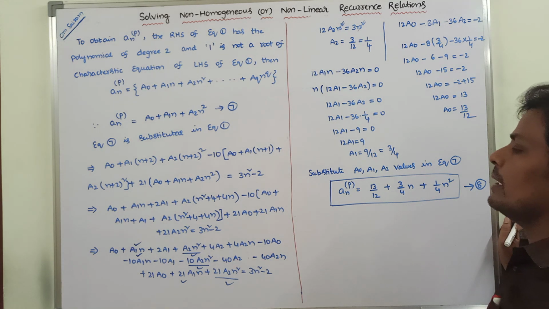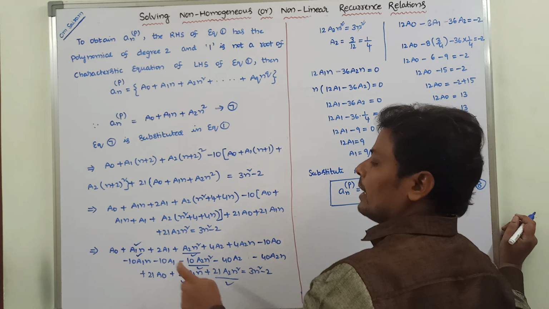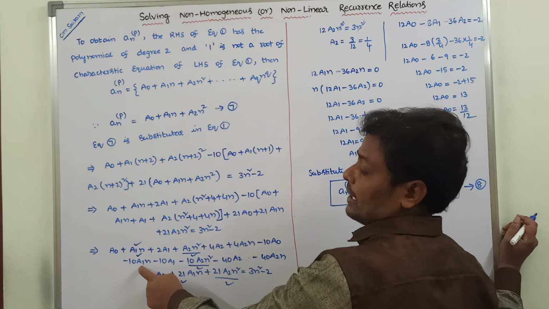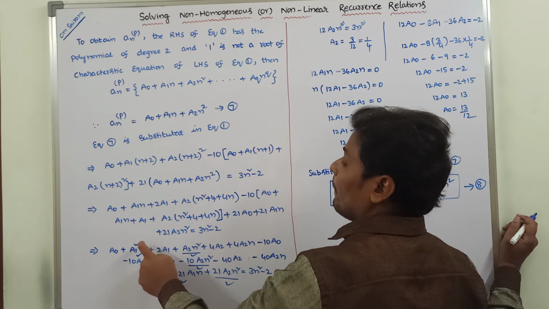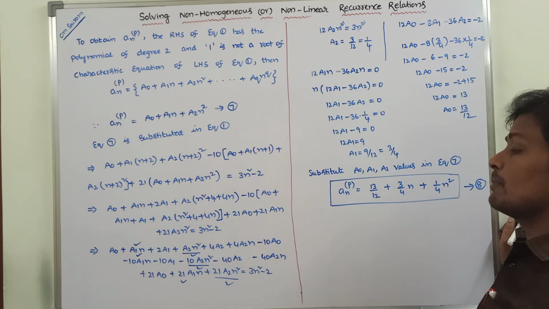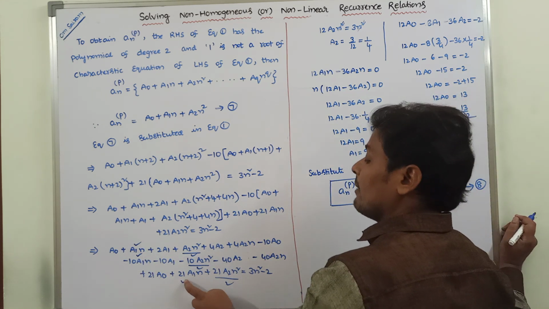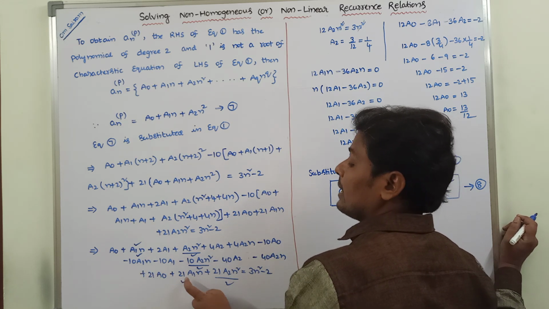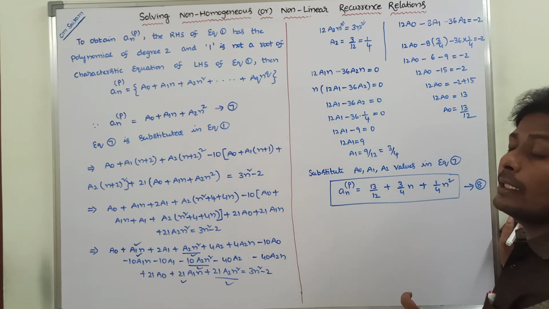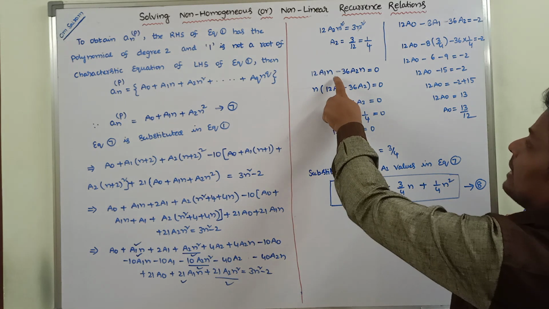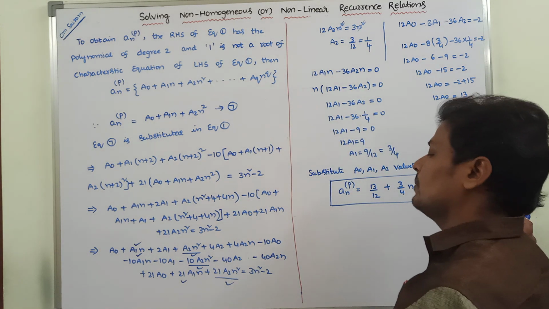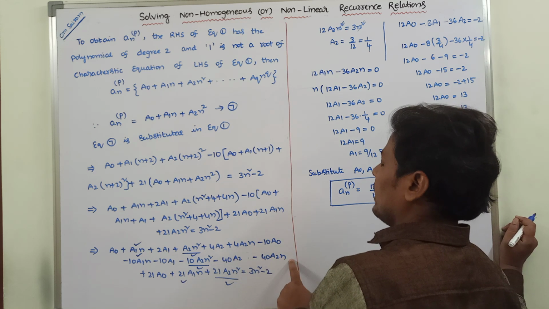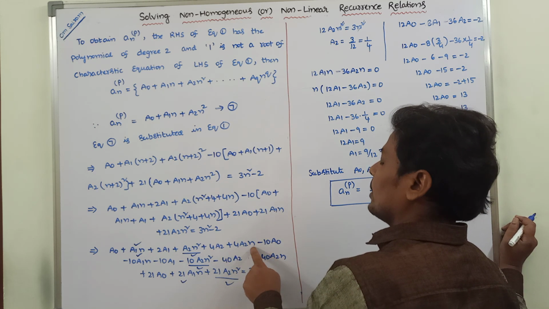Okay, so next one, the n term. Here a1 n is there. Minus 10 a1 plus 1 a1, that is minus 9 a1. Then 20 a1 minus 9 a1 n plus 21 a1 n, that is 12 a1 n. Okay, next one, a2 n. So a2 n is here minus 40 a2 n, here plus 4 a2 n.